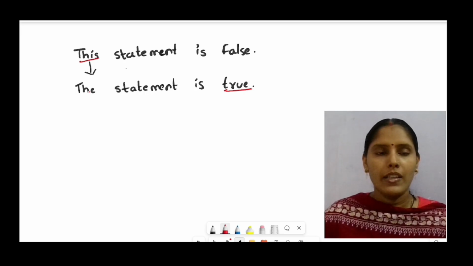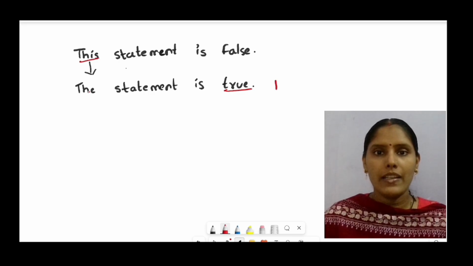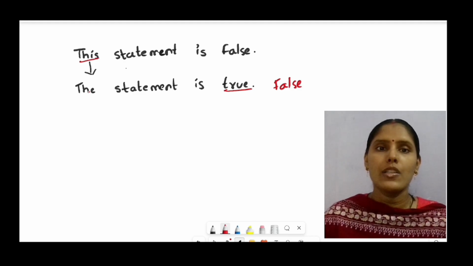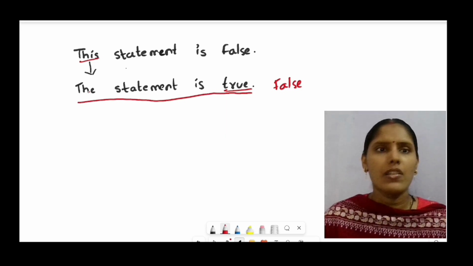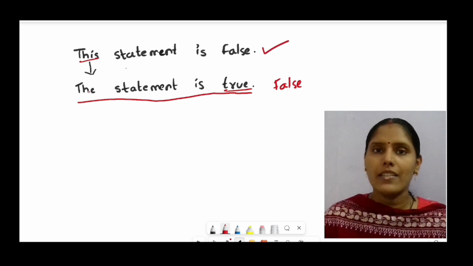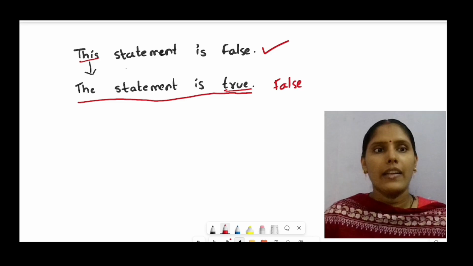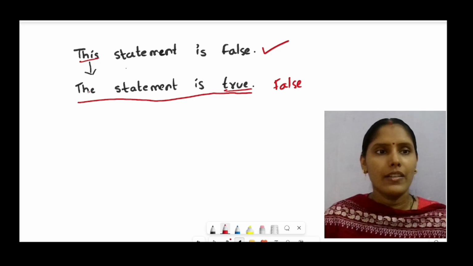Let's assume that the second statement is true. Then the first statement, "This statement is false," is saying that it is false, so yes, in this case both the statements are consistent. And let's say the first statement is false.